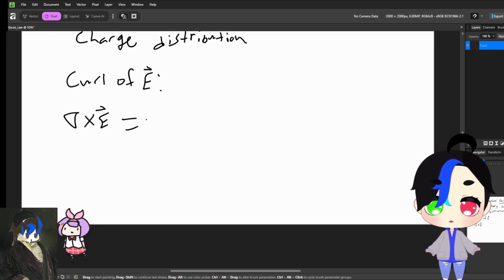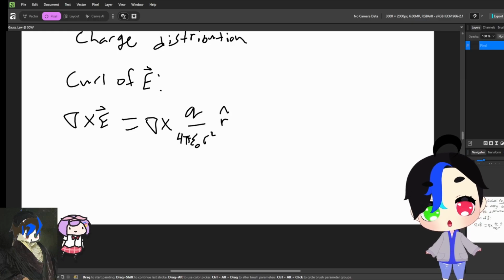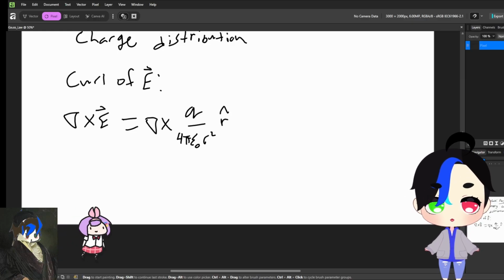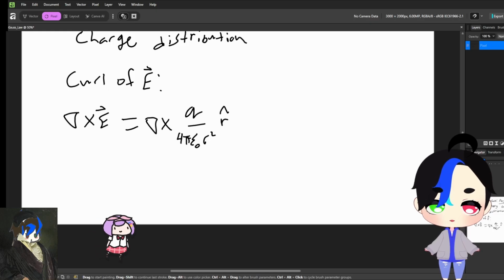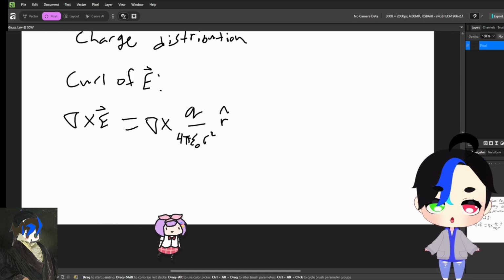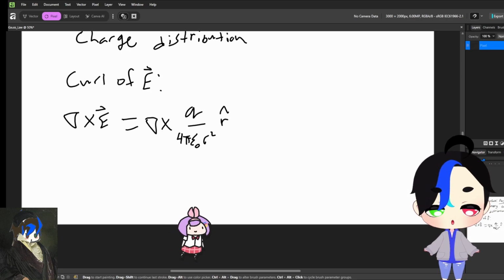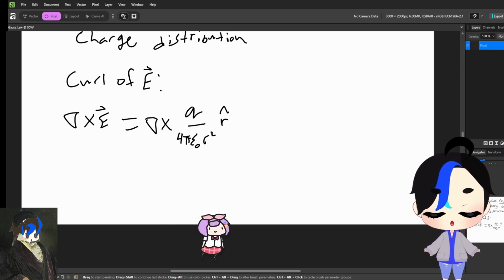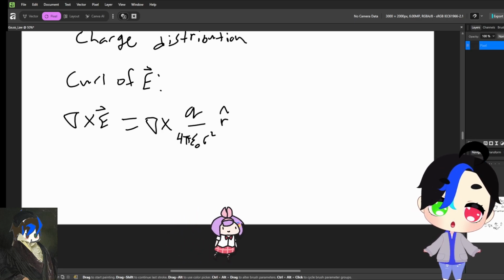If I look at the curl of our point charge again, E equals q over 4 pi epsilon naught r squared r hat. I can make this easier by using the curl in spherical coordinates, if I can find it.